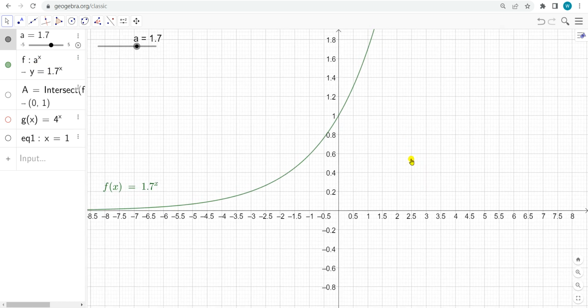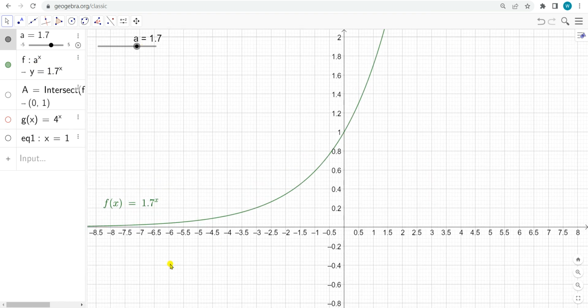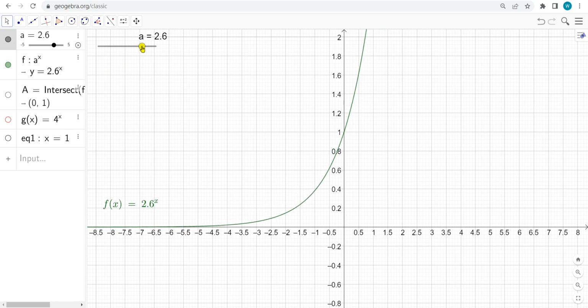You will see that when the base is positive, the graph will be moving upward from left-hand side to right-hand side. Okay, and when the value of a increases, it will keep moving up faster.